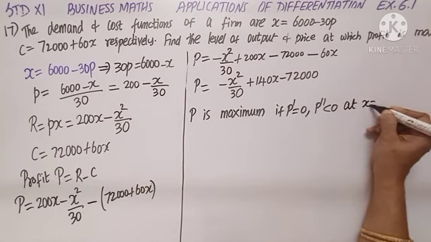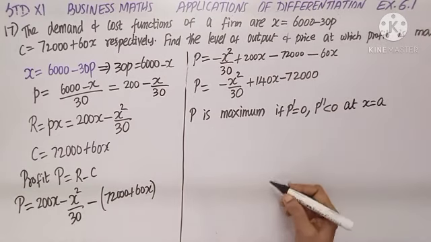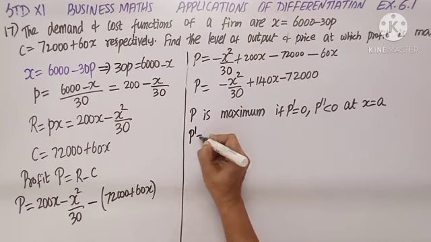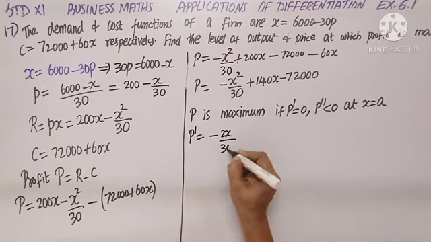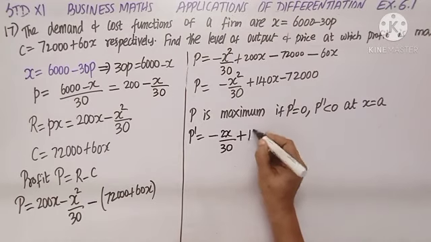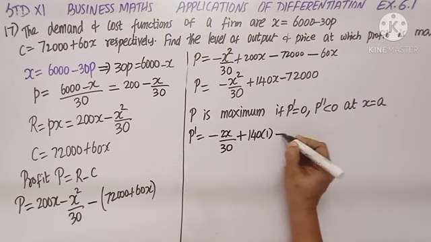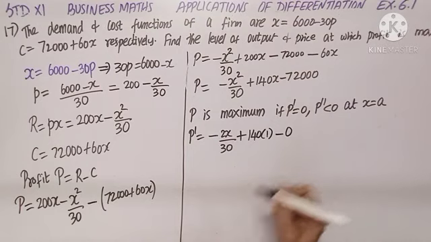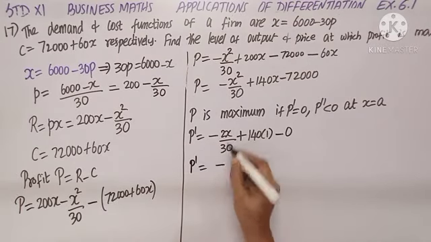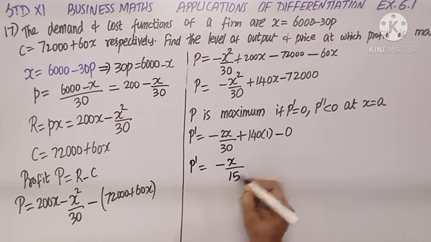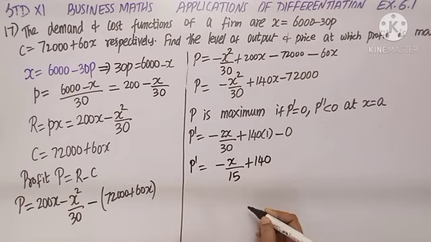at some x value. As I find out the first derivative, x squared becomes 2x by 30 plus 140 into x becomes 1, constant becomes 0. Or we get P dash equals minus x by 15 plus 140.